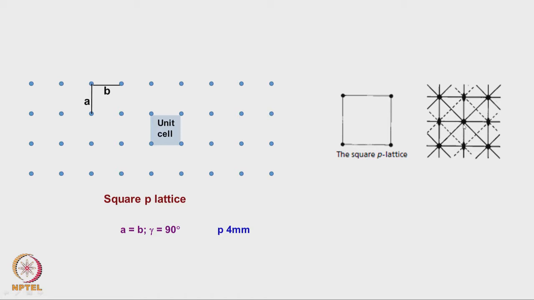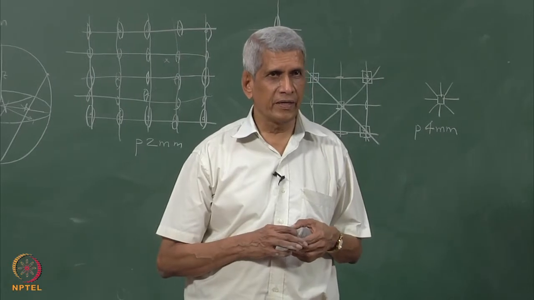Then from here to here you shift it, and then around this if you take a reflection, this point will be generated, correct? So this is nothing but, and again from here to here you shift it by half the lattice translation vector in this direction, and again take a reflection around it, you get it. This is what we have discussed earlier, that this is nothing but a glide, correct?